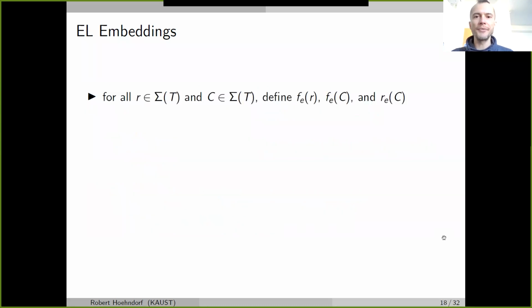So our idea was the following. We take relation symbols and concept symbols from our signature, and we define two functions, a function Fe and a function Re. Fe is the general embedding of relations and concepts, and Re is part of the embedding, which will become clear shortly.